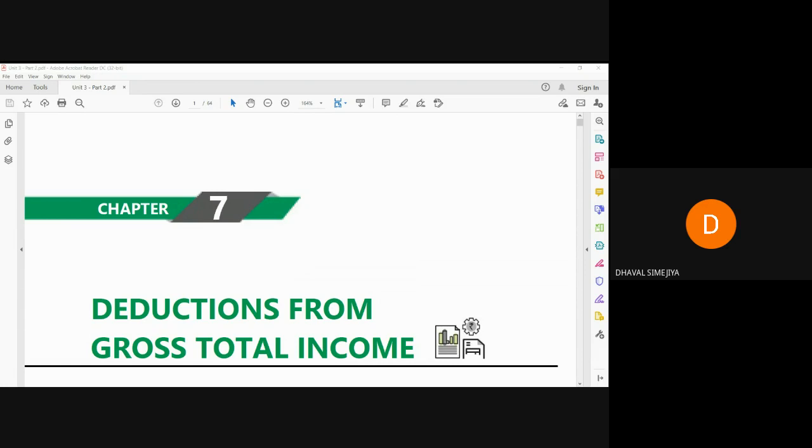And now we are going to start with 80G. Deductions in respect of donations to certain funds. Now we have started the section series G, 80G. Okay.